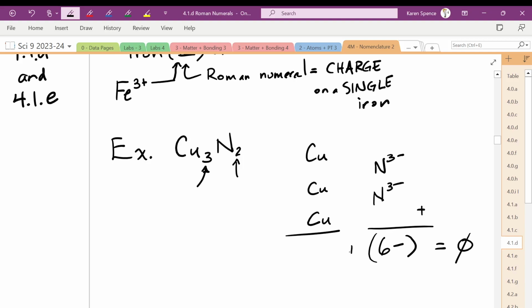So what does our total positive charge have to be? Total positive has to be 6. In this case, we need to spread that 6 out, not just to 2 places, but this time to 3 places. So each of the coppers will get what charge? 2+.